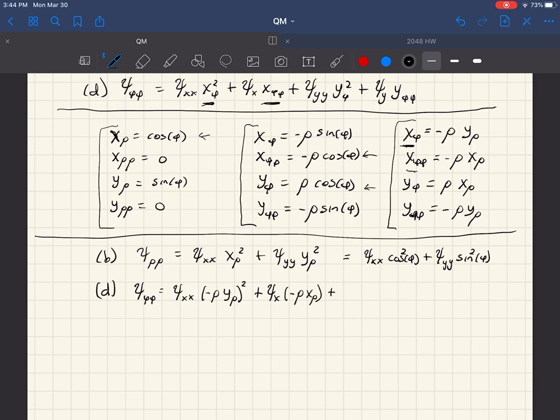And then we have plus the second derivative of psi with respect to y. And then this term right here, sitting right here, that is a rho, and it's squared. And then the last term, sitting right here, that is a rho.